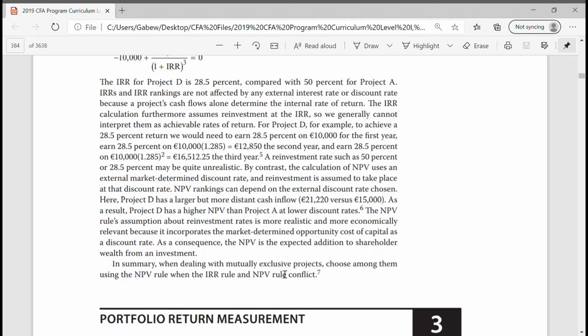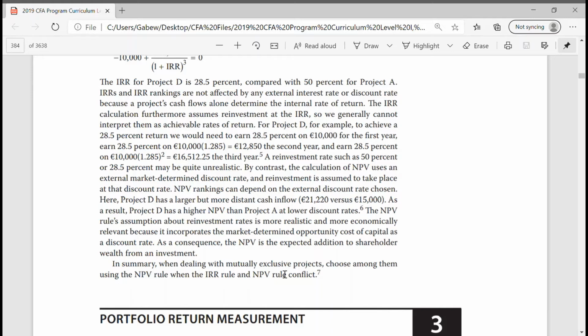A reinvestment rate such as 50% or 28.5% may be quite unrealistic. By contrast, the calculation of NPV uses an external, market-determined discount rate, and reinvestment is assumed to take place at that discount rate. NPV rankings can depend on the external discount rate chosen.